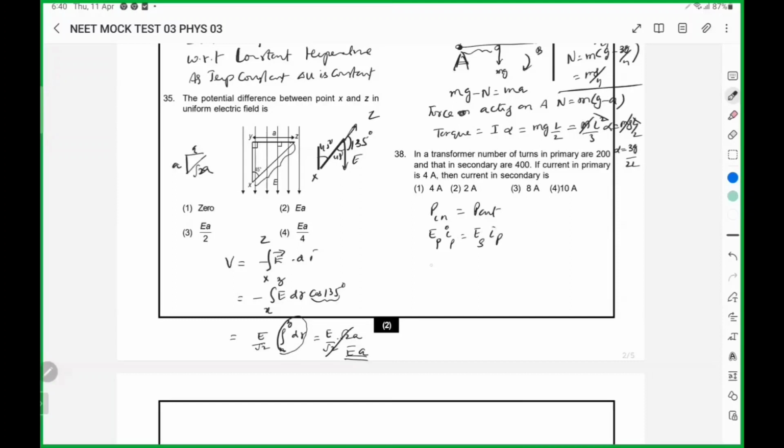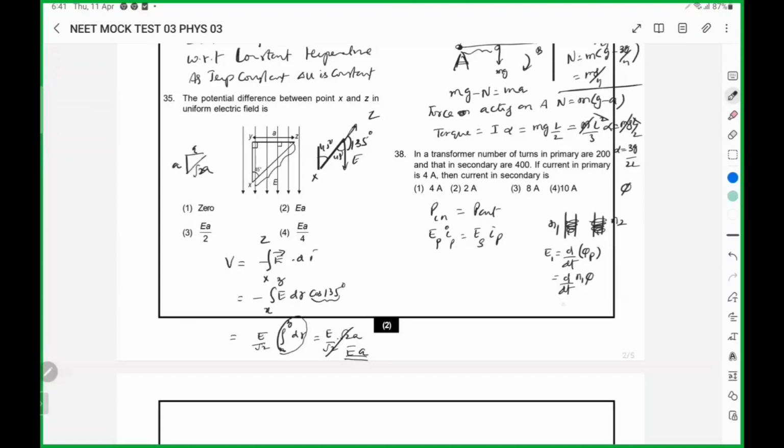So here, if there are N1 turns in the primary coil and N2 turns in the secondary coil, the induced EMF is E1, d by dt of flux. Flux is linked with the number of turns. In one turn, flux is phi.